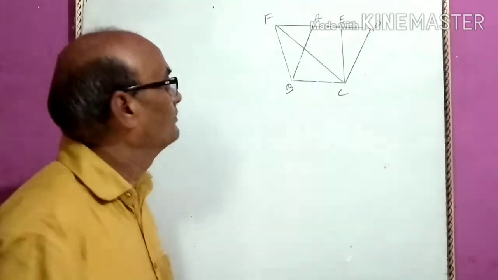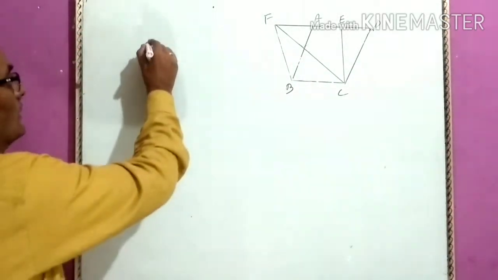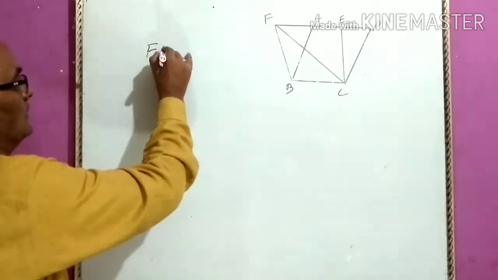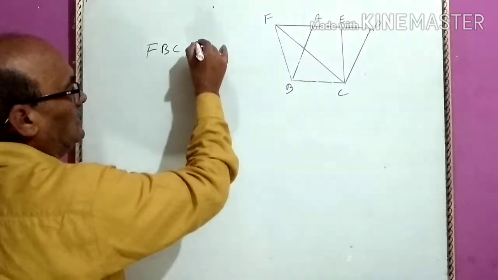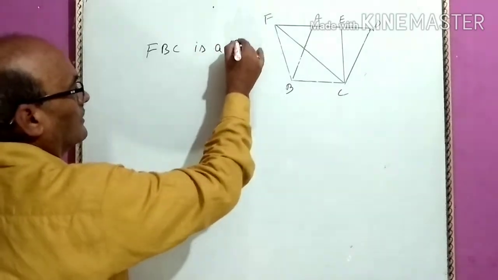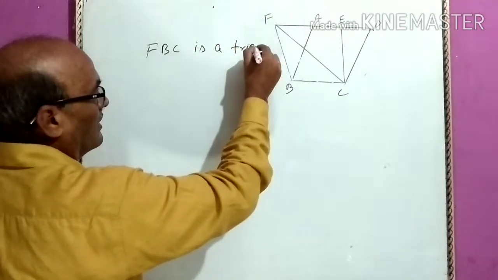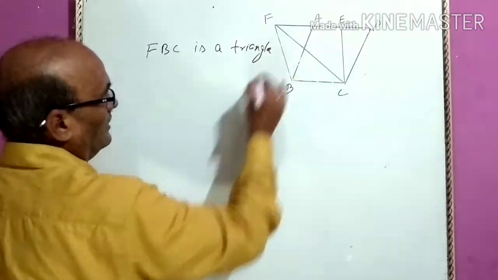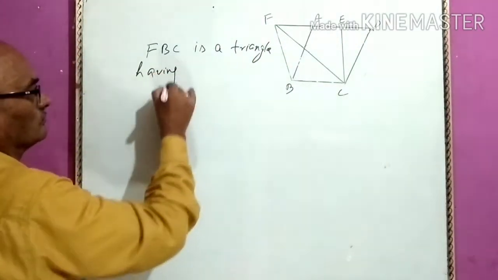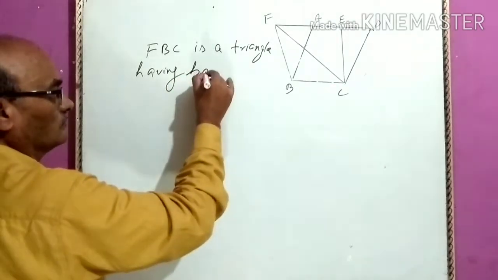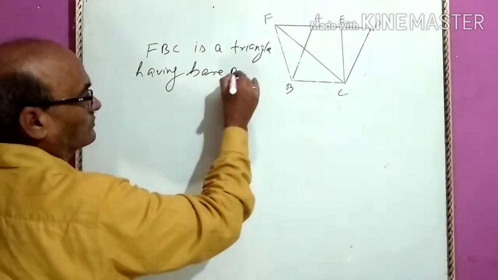Now look at FBC, a triangle having base BC.